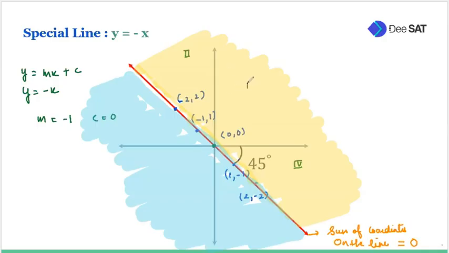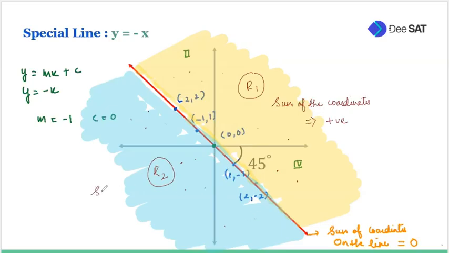So this yellow region, for example, is region number 1 and this is region number 2. In region number 1, for any point you choose, the sum of the coordinates is going to be something positive. Whereas in region number 2, for any point you choose, the sum of the coordinates is going to be something negative. So this line is more special than the y equals x line. I hope this is clear to everyone.